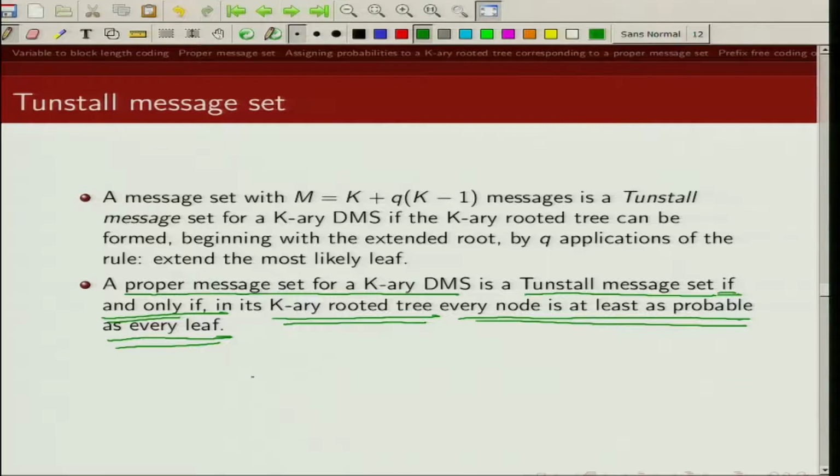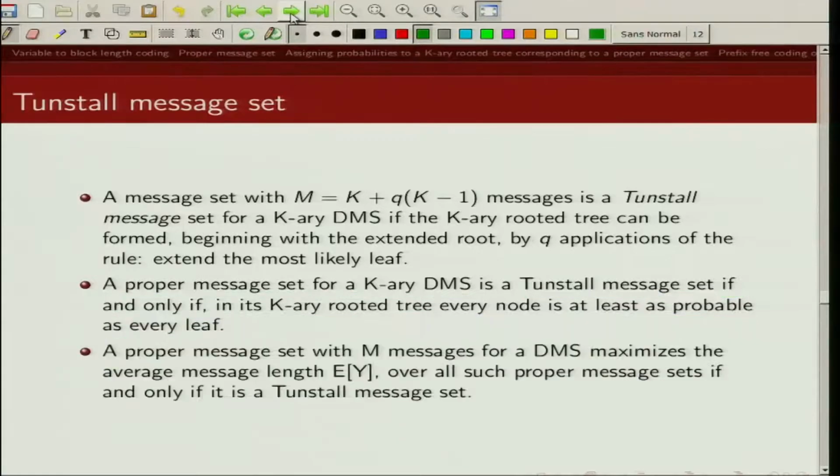So in case of a Tunstall message set, every node is at least as probable as every leaf. This follows from the fact that in a Tunstall message set we are extending the most probable leaf.